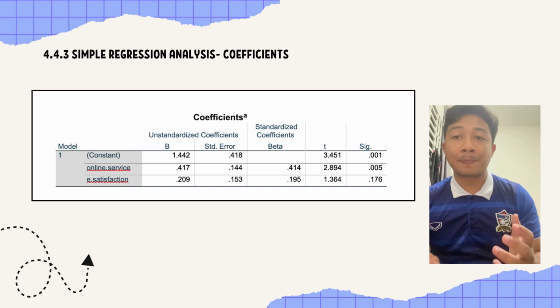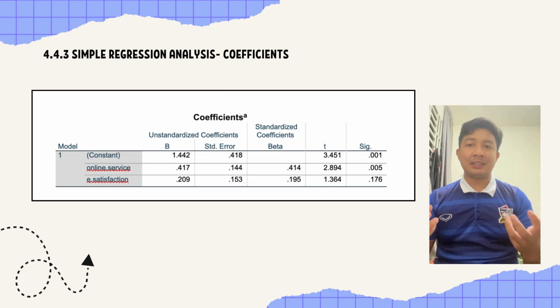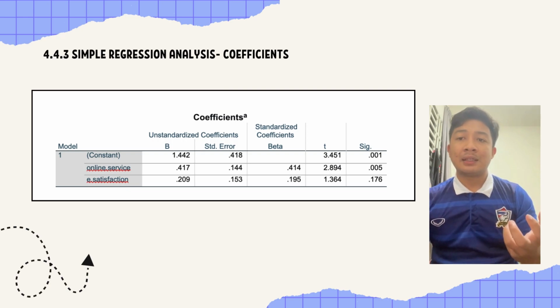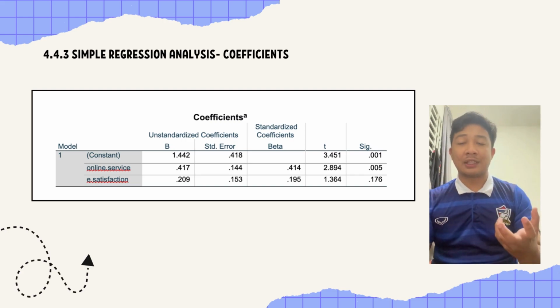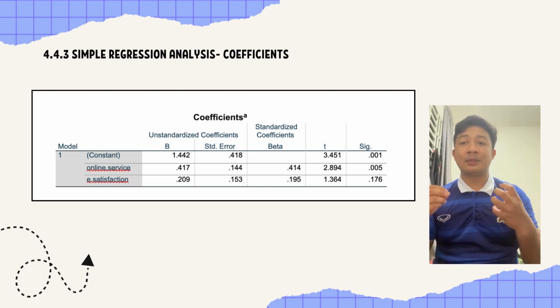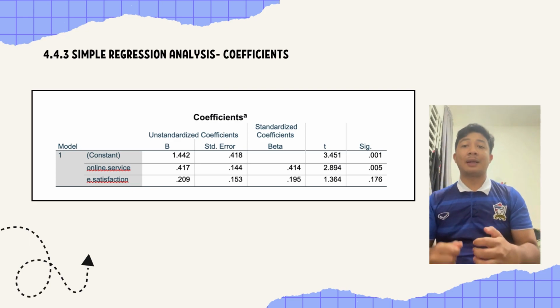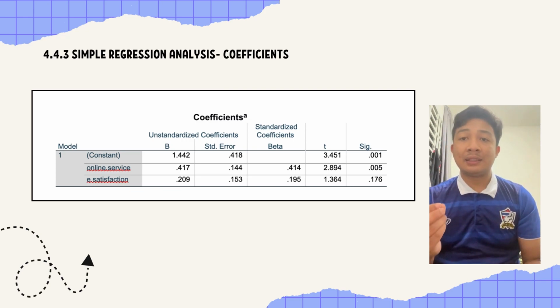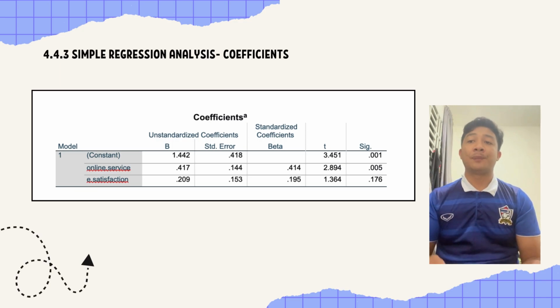For coefficient standard error, the largest one is the constant, which is 2.418. For standardized coefficients beta, the highest one is online service, which is 0.414.